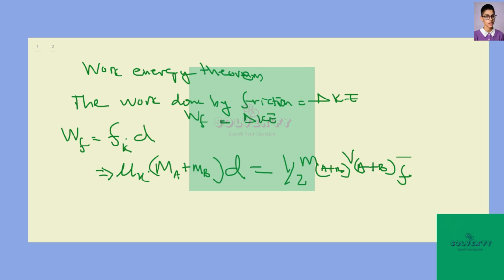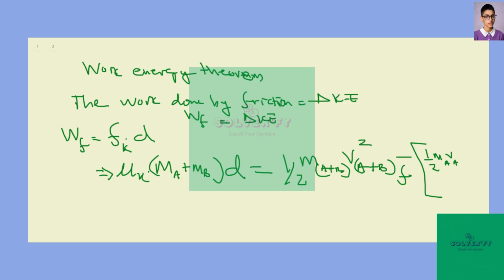That means we have to assume that we had the initial kinetic energy for car A, that's 1/2 m_A times the initial velocity of A squared.